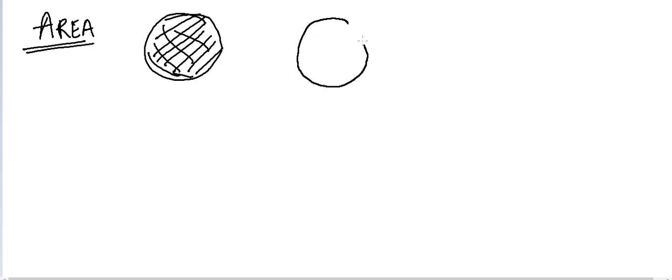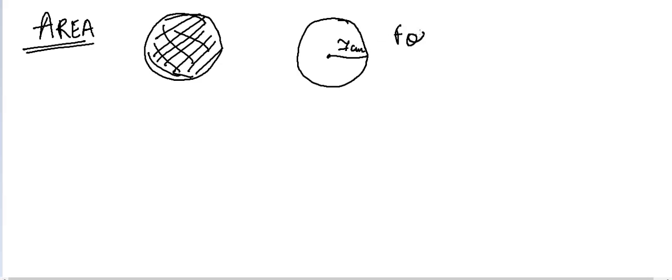Now, if I want to plant trees inside this circle, like how much area is covered by this park or garden, I need to calculate the area. Let it be 7 centimeter again.